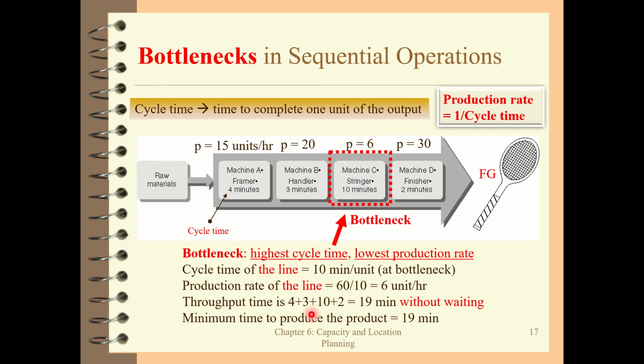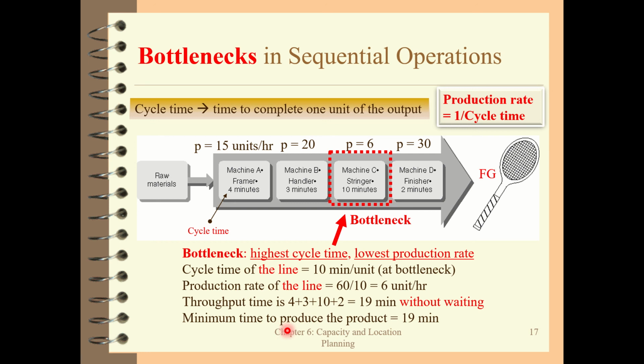And the throughput time is equal to 4 plus 3 plus 10 plus 2, which is 19 minutes without waiting time. Normally there will be a waiting time, right? But if there is no waiting time, in this case, the throughput time or the production lead time is 19 minutes.